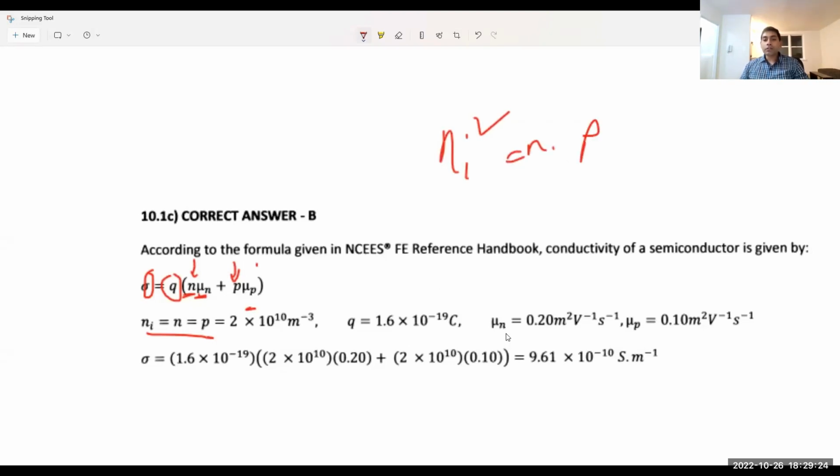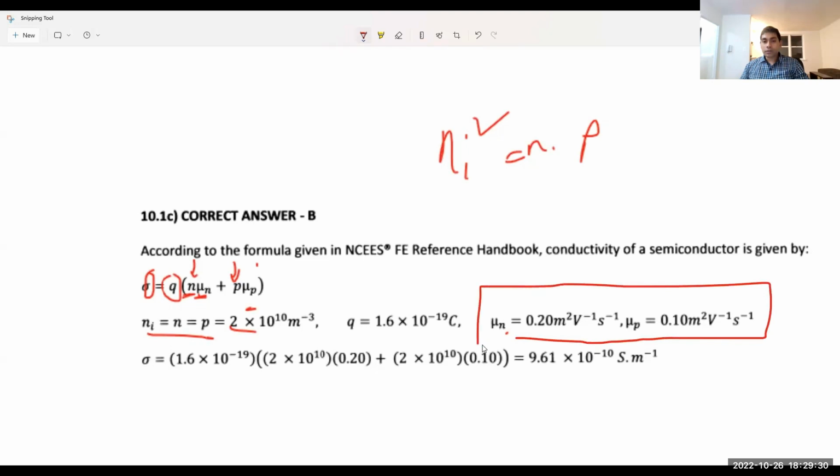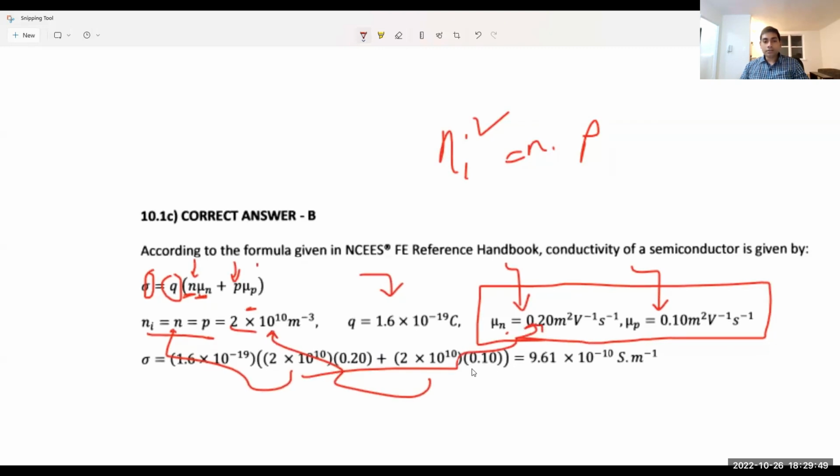So obviously over here, since the mobility of the electron and the mobility of the hole were given, and the charge was given, this is N, this is P, and the charge was 1.6 into 10 to the minus 19.